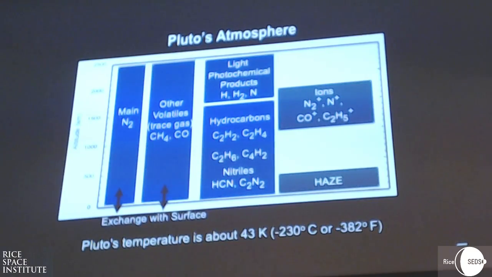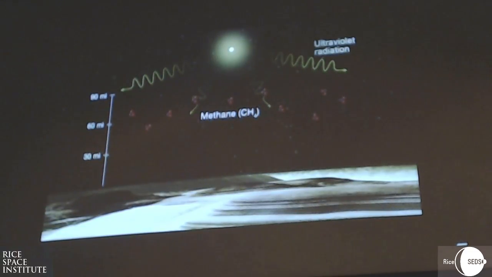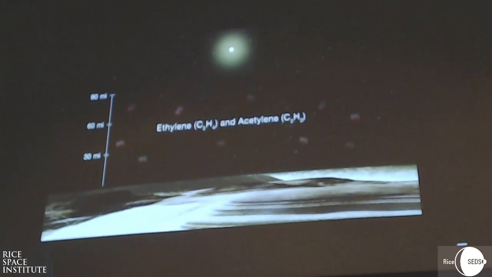And as we look at the atmospheric components and understand what happens to them over time, we recognize there's what we call a methane cycle. That methane is in the atmosphere. It gets broken up by ultraviolet light. It also gets broken up by the solar wind, since Pluto doesn't have a magnetic field.